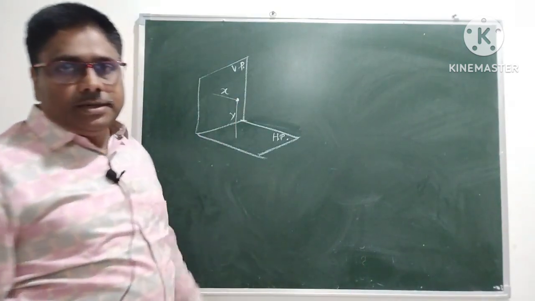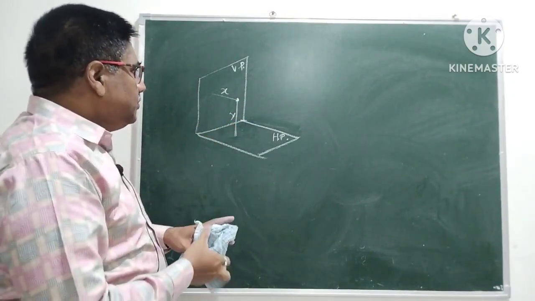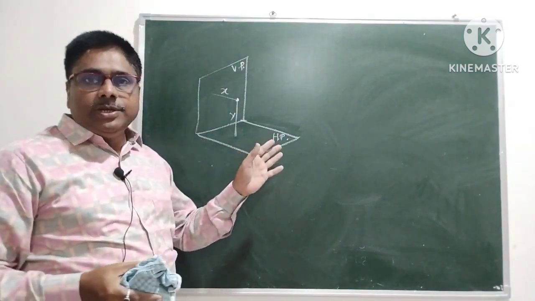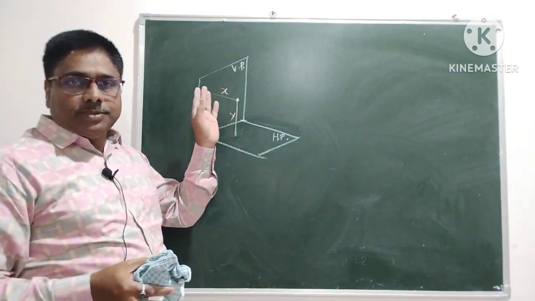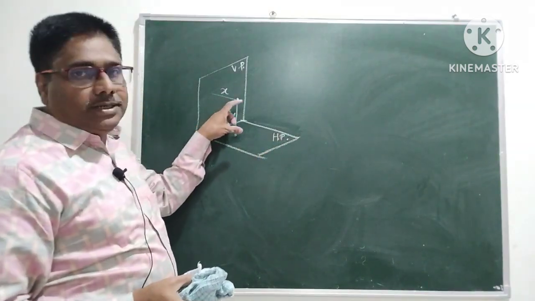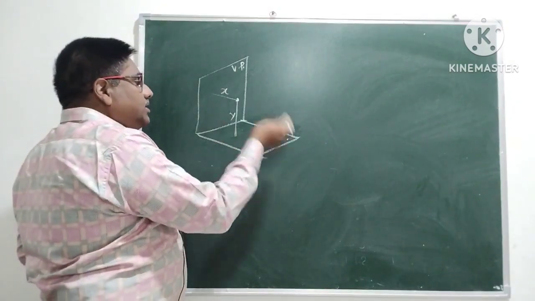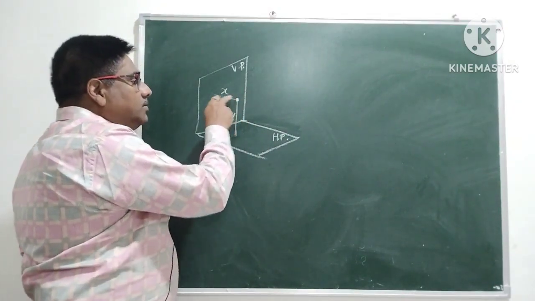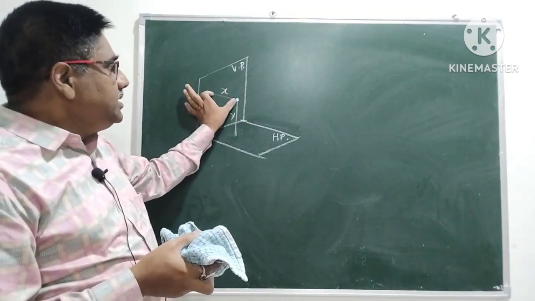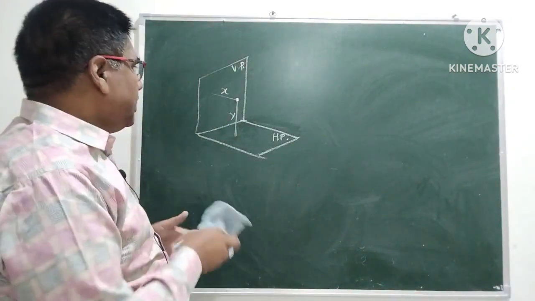To specify this point, I need to tell that the point is so and so many millimeters above HP. Point is above HP to give the y coordinate, that is the vertical distance. And this is not enough. In addition to that, I need to tell how much away this point is from the vertical plane. That front distance gives the x coordinate.